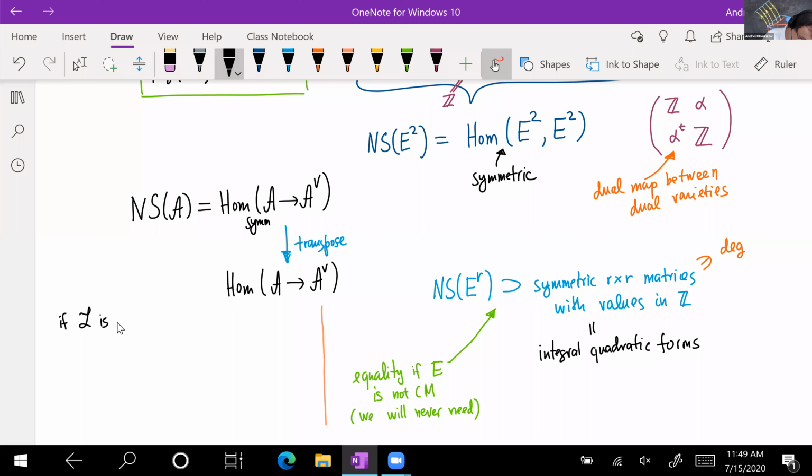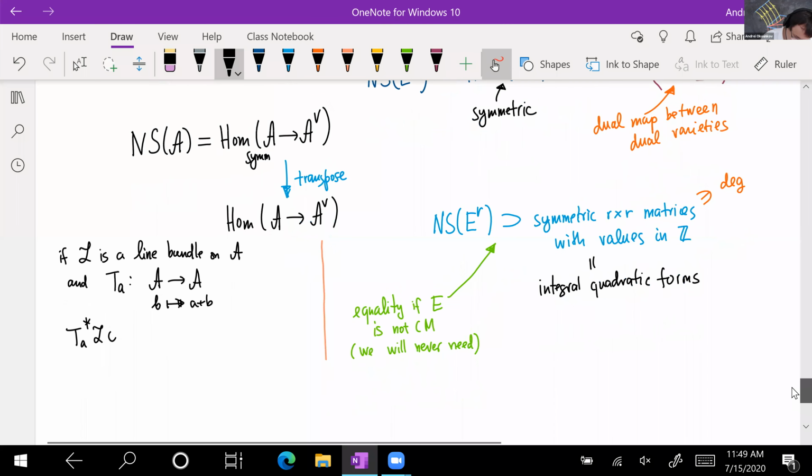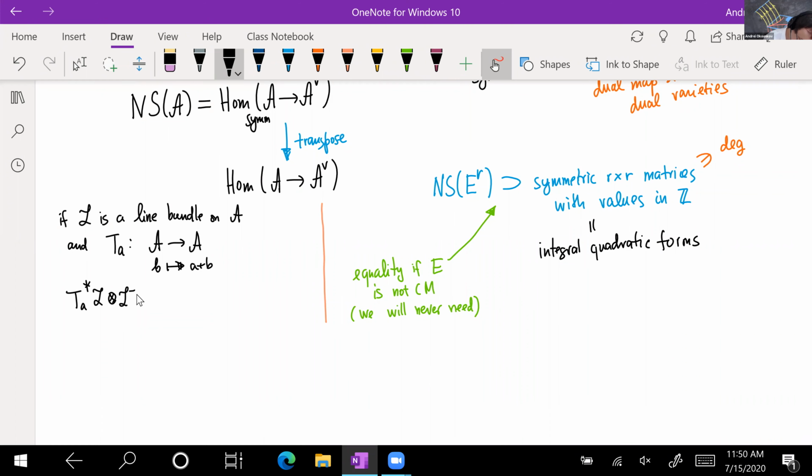If L is a line bundle on A, and T of a is a translation by a map, so a map from A to A where some element b goes to a plus b, then if I take T of a pulled back and tensor it with L inverse, this is a map from A to Pic 0 of A, so it's a map from A to A check.